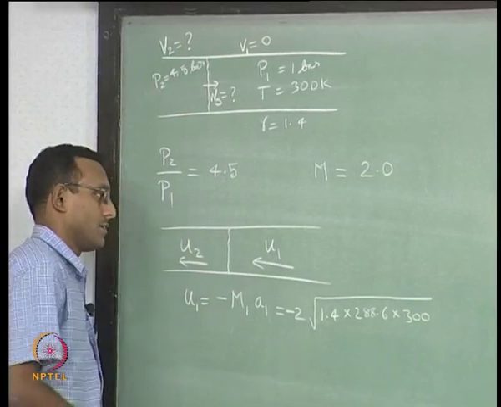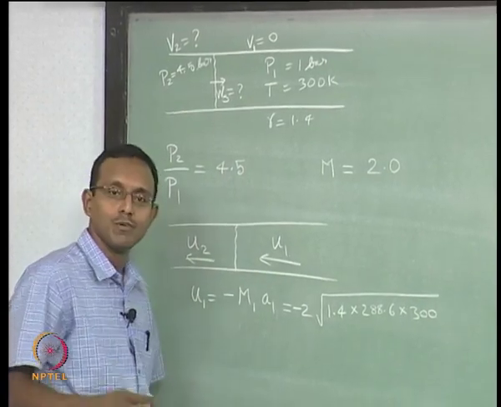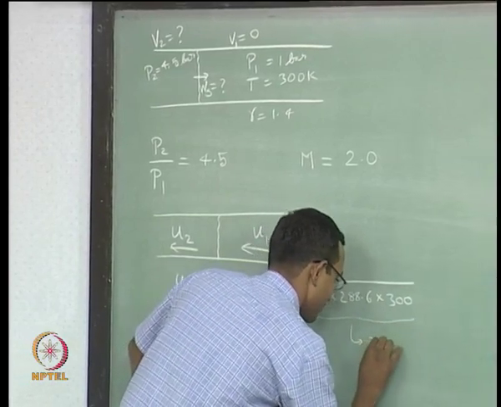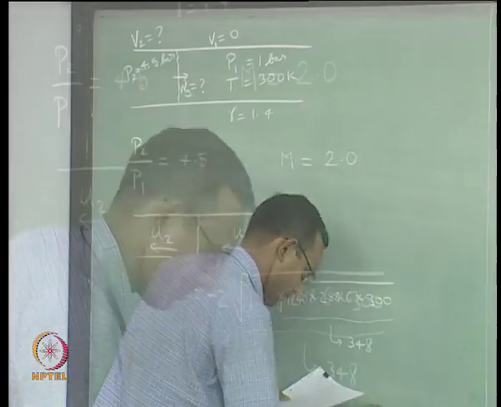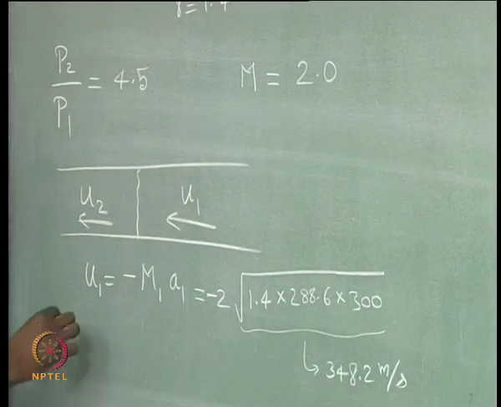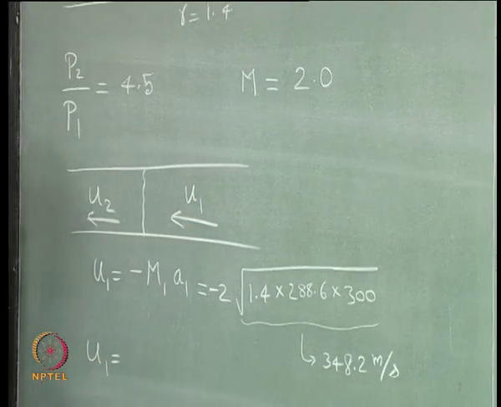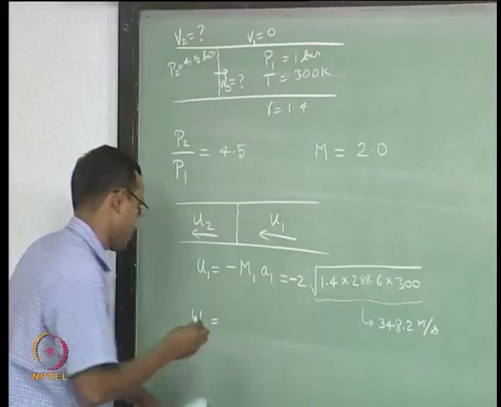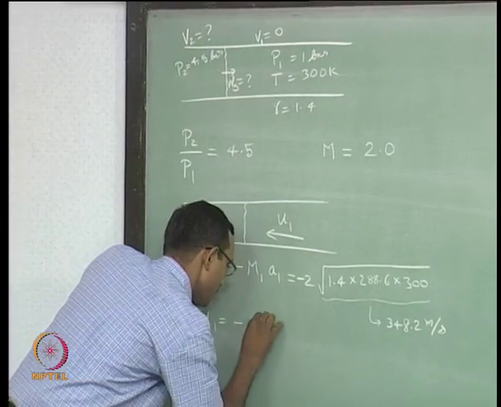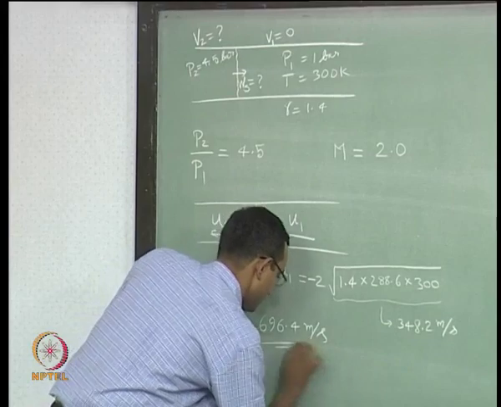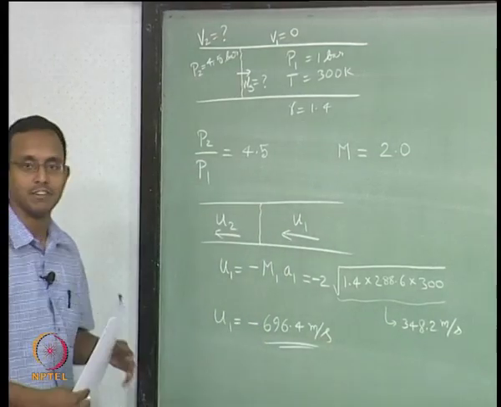Just so we do not have to compute this again and again, I will give you the value for A1. It is 348.2 meter per second, and so my U1 is minus 2 times that, which is 696.4 meter per second. This is my U1.